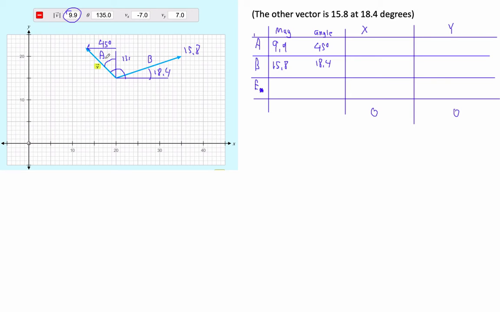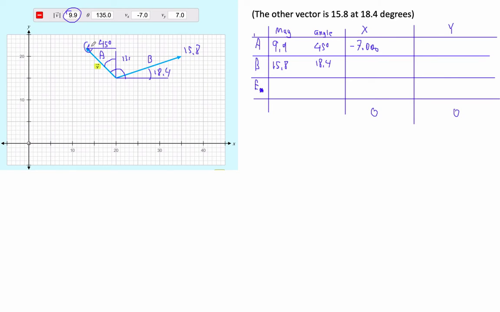Not that it matters. Okay, make sure your calculator, by the way, is in degrees. Mine recently was in radians, but I'm checking the mode, and I'm good. Okay, so 9.9, and then I'm going to do sine of 45, and I get 7.000, right?